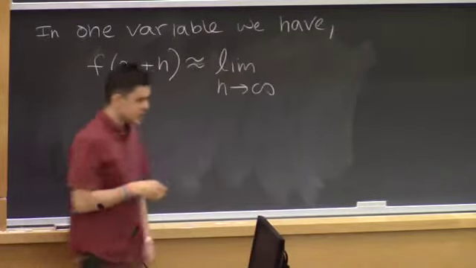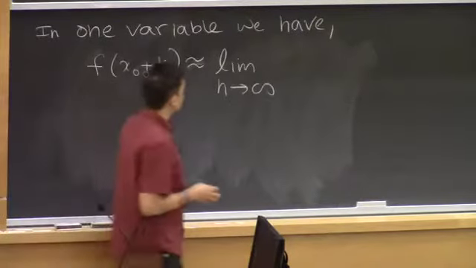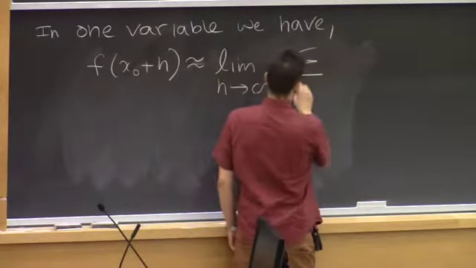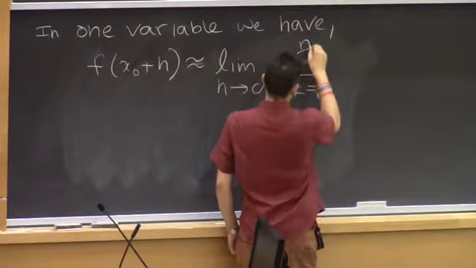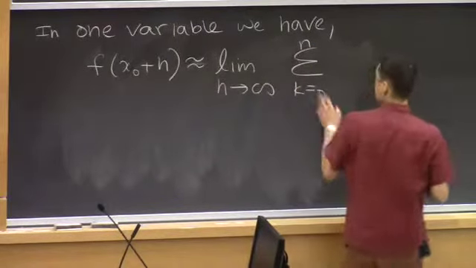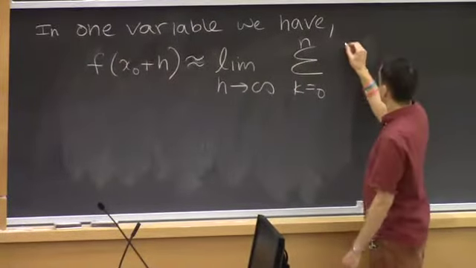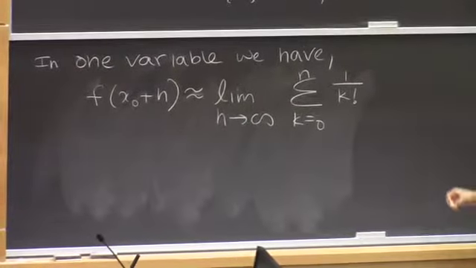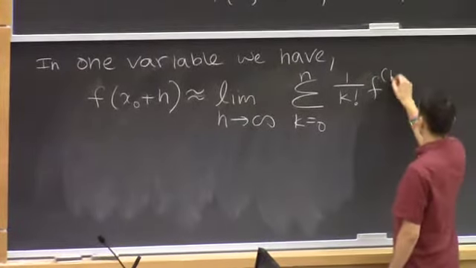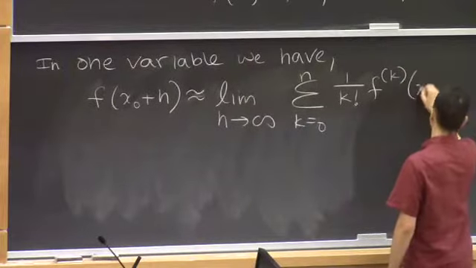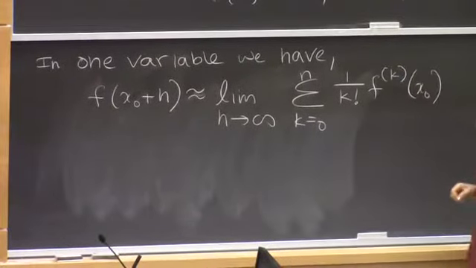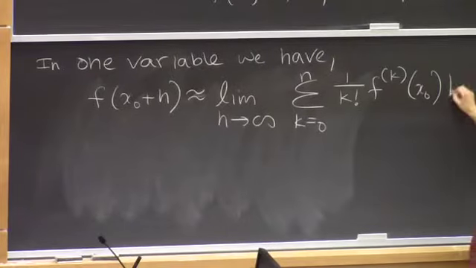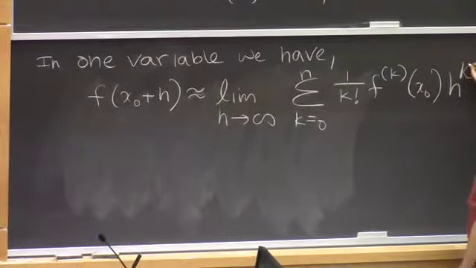We take a limit to infinity of the following thing. We add up 1 over k factorial times the kth derivative at x0 times h to the k.